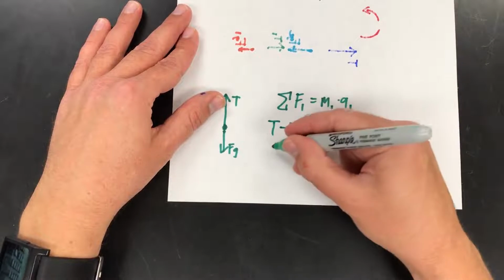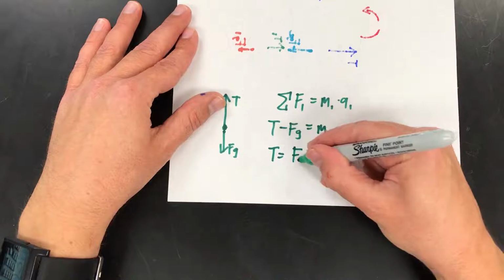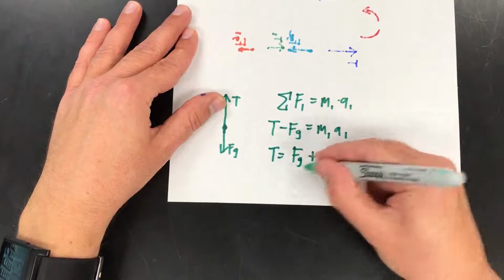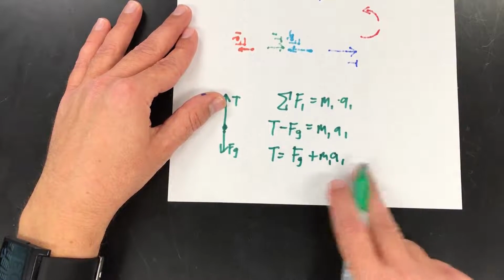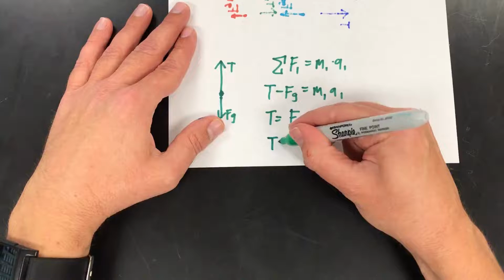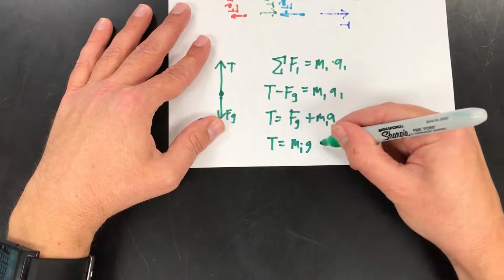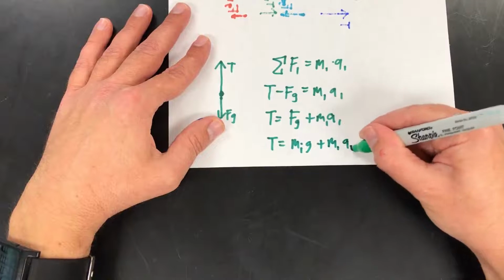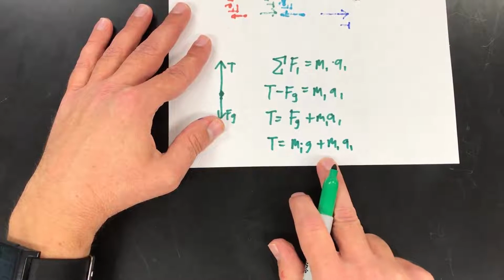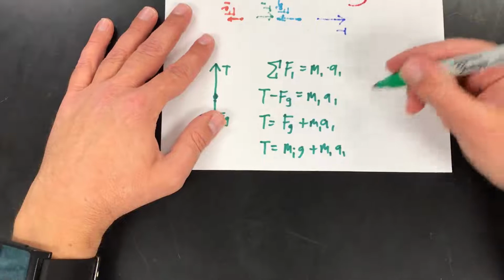So now, when I go to solve for the tension, here's the difference that I just made a mistake on: it's the force of gravity plus the acceleration. So when we go to solve for it, now we get the mass of 1 times gravity plus the mass of 1 times acceleration. In the case of 4, those two values were minusing each other.